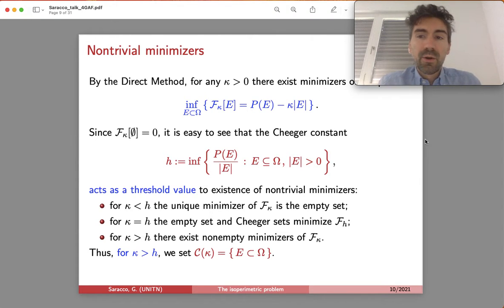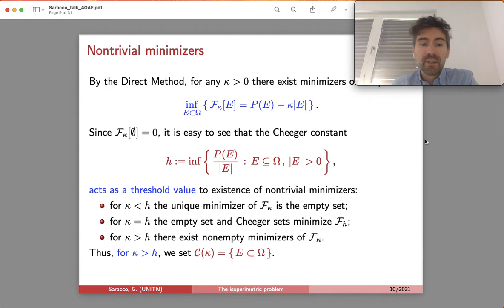okay? So it's quite easy to see that there is a threshold value, which is the so-called Cheeger constant, that is the infimum of the ratio perimeter of E divided by volume of E among all subsets of omega with positive mass, such that if the constant kappa you fix at the beginning is strictly less than this threshold value, this Cheeger constant, then you have a unique minimizer, that is the empty set.